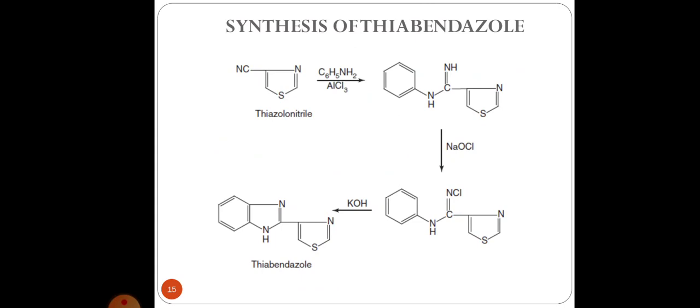This particular compound on further treatment with sodium oxychloride results in the formation of N-phenylthiazole 4-carboxamidine, which on further treatment with potassium hydroxide, that is a strong alkali, results in the formation of thiabendazole.